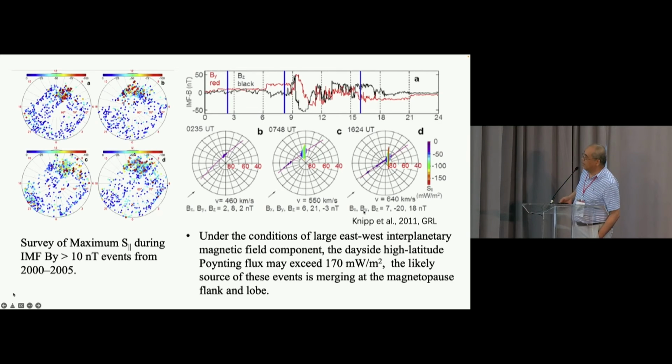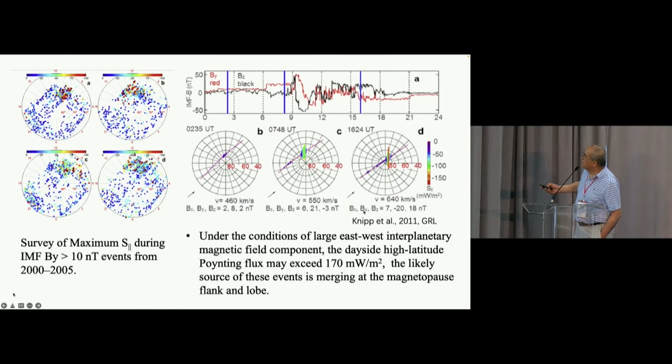Okay, so this one is the Dolores NIP data. This study is talking about the importance of BY in controlling the Poynting flux toward the ionosphere. Early on, when BY is small, on this pass you don't see much Poynting flux downward.